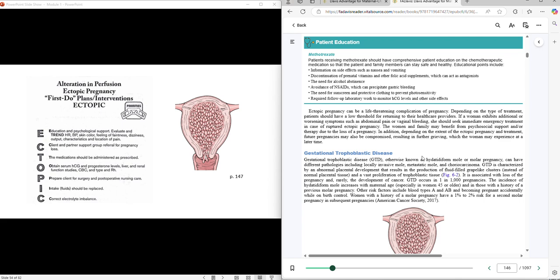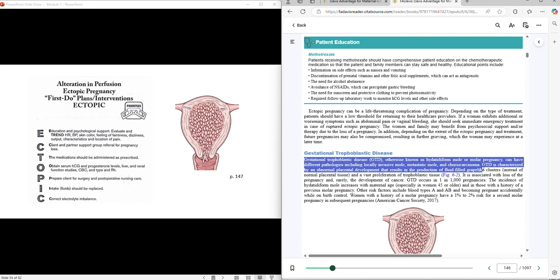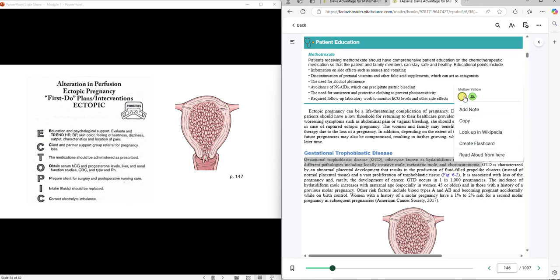And then let's talk about gestational trophoblastic disease. Okay, this paragraph is a wink and lollipop. This used to be called a molar pregnancy. Okay, and it can cause cancer, choriocarcinoma. Okay, their stomach grows.